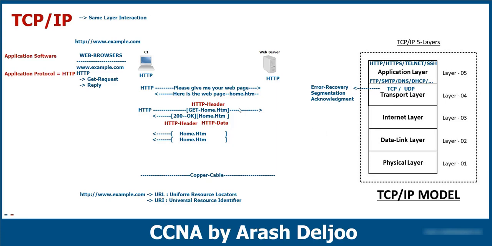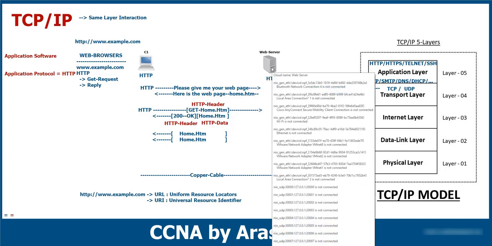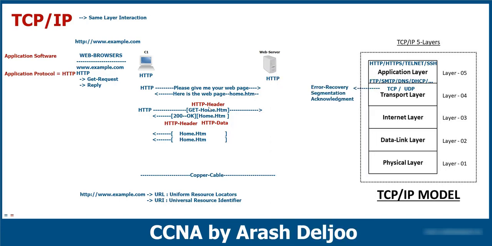acknowledgement. Assume that now we have one HTTP message, for example, an HTTP GET for home.htm from the web client to the web server. And also we have some messages from the web server to the web client. Let me ask you one question.